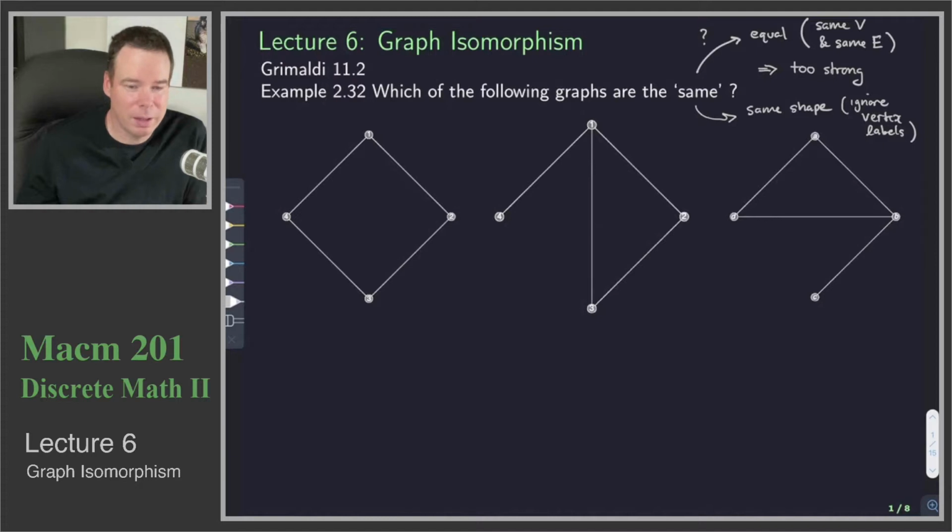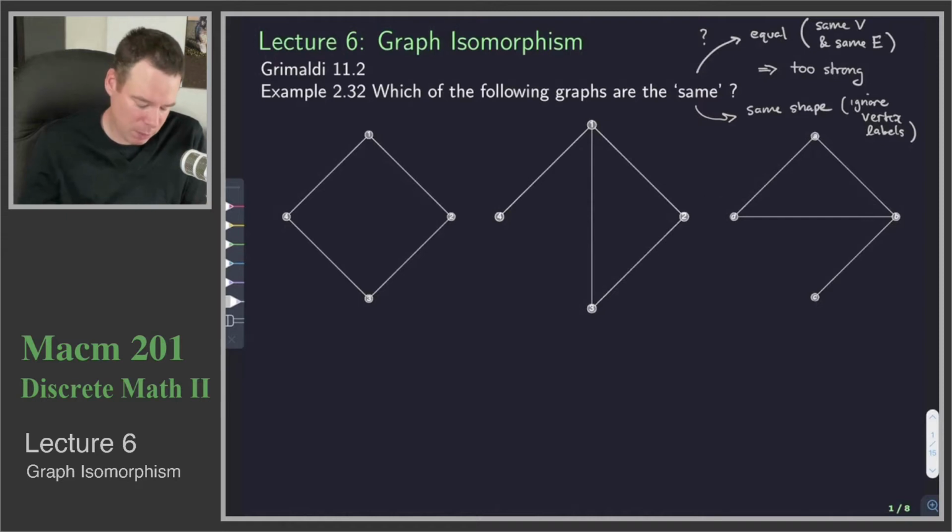We've already dealt with these kinds of questions before when we talked about listing all of the trees which were unlabeled and had a certain number of vertices. So what are all the unlabeled trees? Draw them all out. In that case, we are only interested in shape, not the vertex labeling itself. So that's what we're going to mean by same in this case.